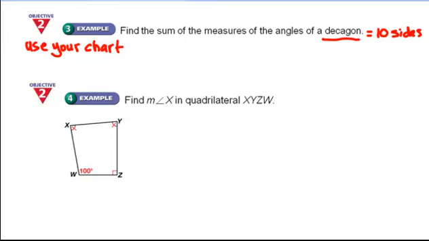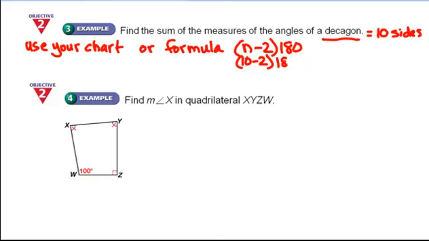If you don't use your chart, you can use the formula, which is n minus 2 times 180, where n is equal to the number of sides. So 10 minus 2 times 180. 10 minus 2 is 8, times 180, and 8 times 180, I believe, is 1,440 degrees, which would be the sum of all of these angles.